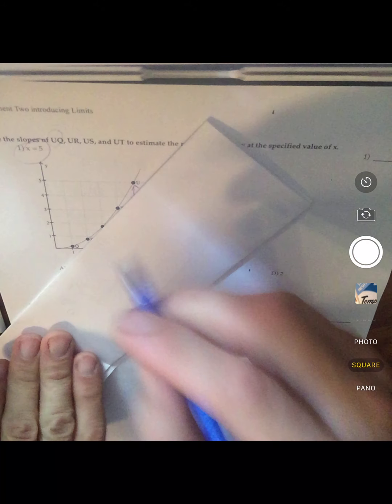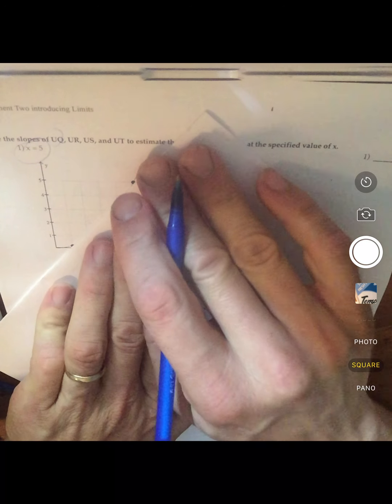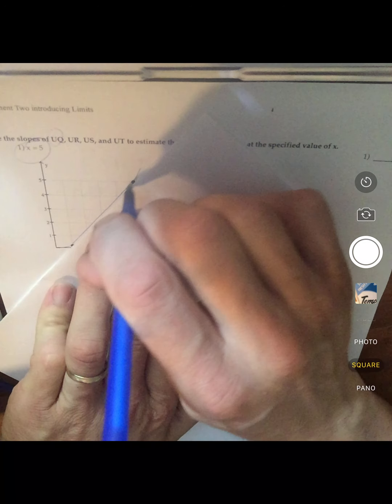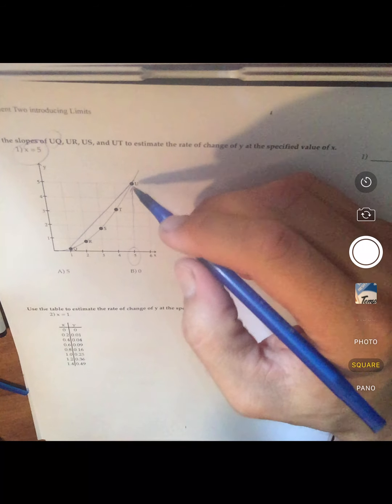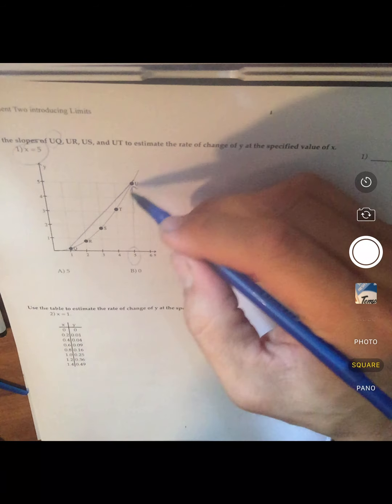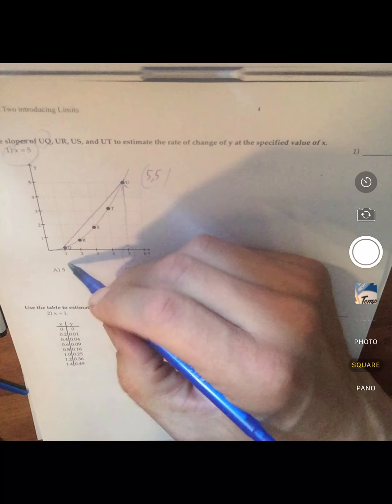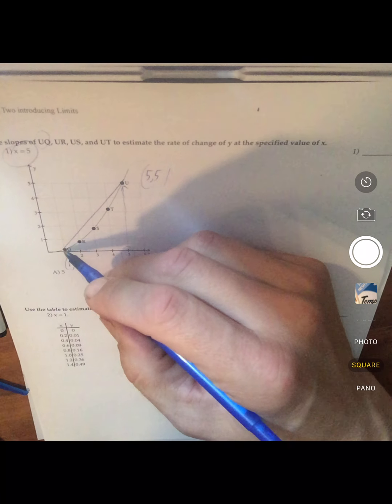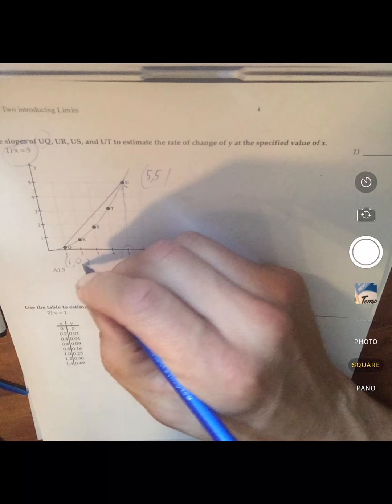So when it says UQ, we're talking about a straight line that goes through point U and point Q. So I guess straight edge here, and I'm going to mark that in. What we're finding the slope of is this, by the good old slope formula. Coordinates here are 5, 5. Coordinates of Q are 1, yeah, that looks like about 0.2 maybe. All right, so we're just estimating.